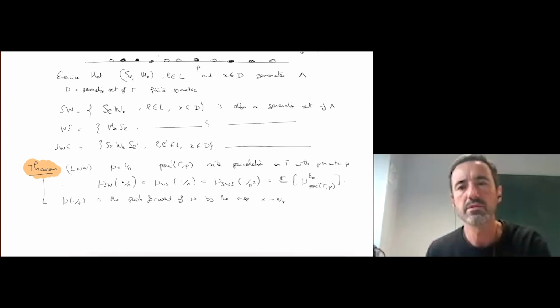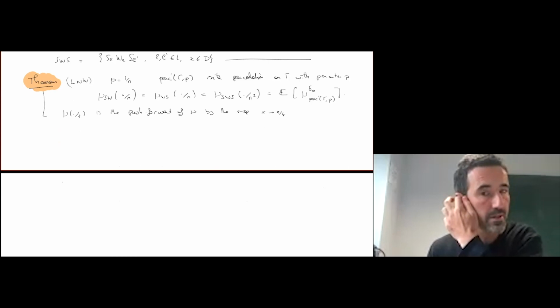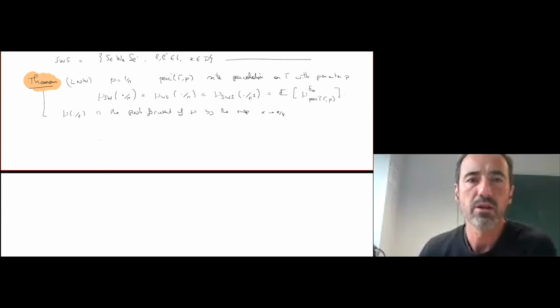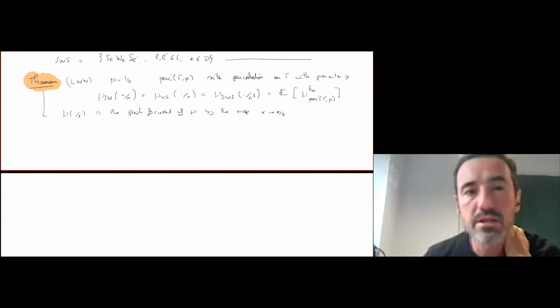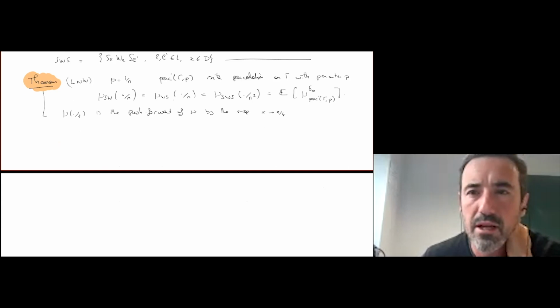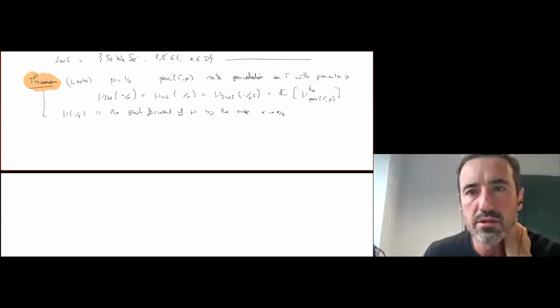So this theorem is very nice because it connects two apparently very different objects. One of them is a Plancherel measure, the spectral measure of a Cayley graph, and the other one is the expectation of a random measure, which is obtained by making site percolation in the group.